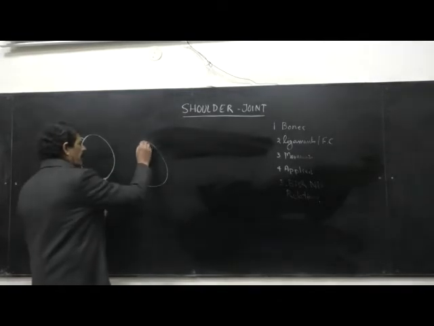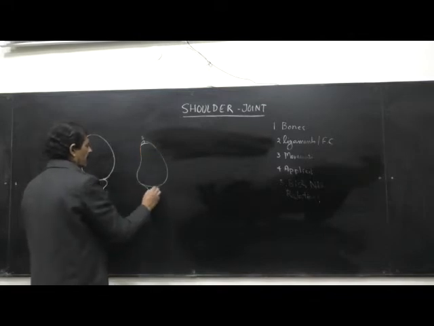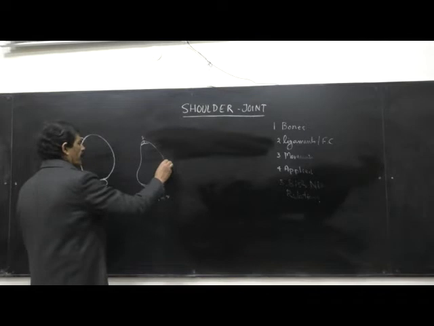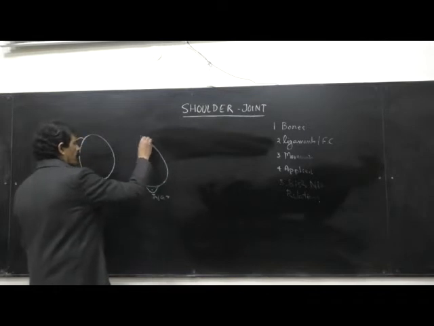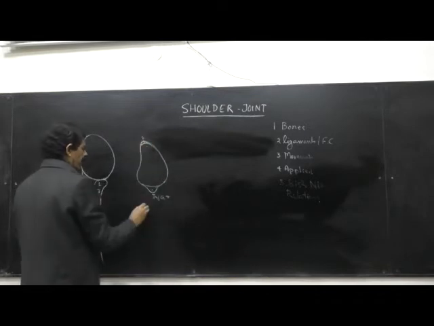Above here there lies the supraglenoid tubercle, and below here lies the infraglenoid tubercle. So this is the bony rim of the glenoid cavity.